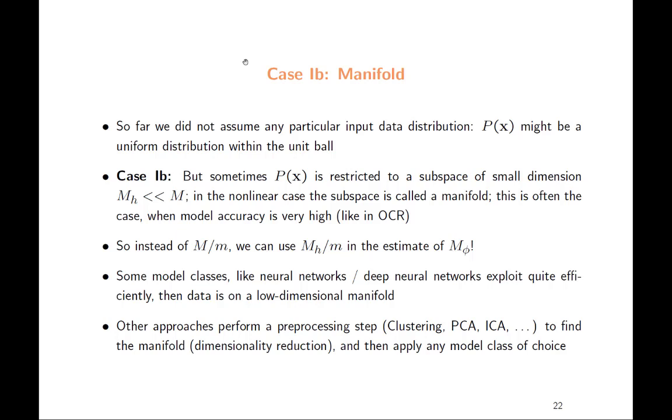So in the equations, instead of large M divided by small n, we can use large M sub h divided by n, and this manifold dimension might be much smaller than large M, and M phi, the number of basis functions required, might be much smaller. But this is also something which neural networks can exploit quite nicely, and deep learning and deep neural networks, and we will cover this in the coming lectures.